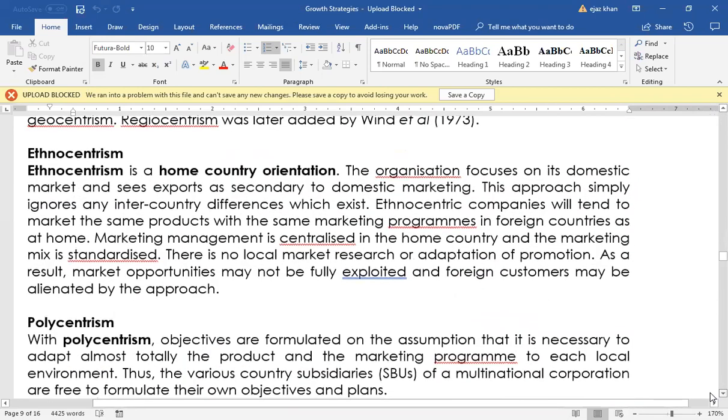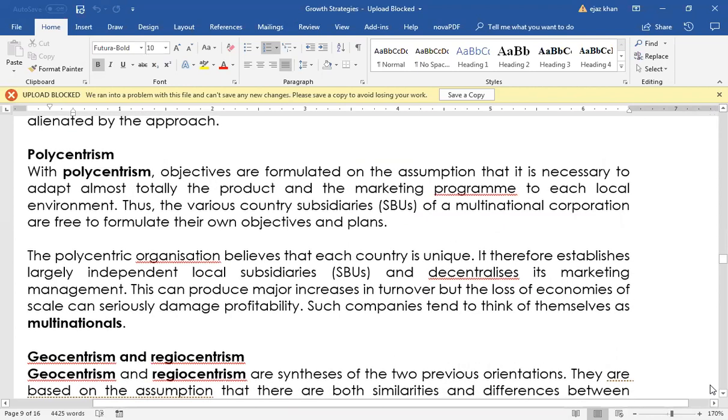So then we have polycentricism, the opposite one. Polycentricism gives autonomy to its strategic business units operating in different parts of the world, and they give them autonomy to come up with a totally new product, a customized product, a product that is purely in accordance with the local taste and local requirements.